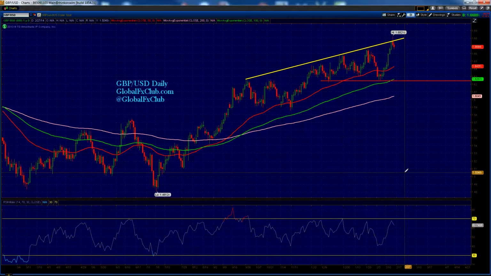Generally you want to fade retail, but every once in a while extreme sentiment disparities do call major tops and bottoms, and 8-1 is an extreme sentiment disparity. So just be aware. I would not necessarily recommend shorting pound dollar here. If you do, just put a stop above the highs and you're aiming for probably 165. But it's just something to keep an eye on.